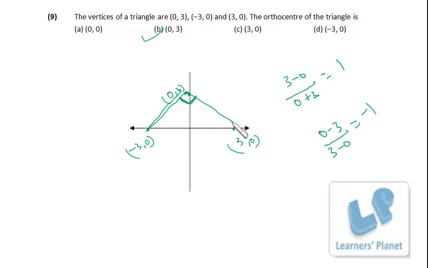So this line is perpendicular to this line. Slope of this line 1, slope of this line minus 1. So the lines are perpendicular to each other. That means this angle is 90-degree. If this is 90-degree, then this particular point will be the concurrence point of altitudes. One altitude is this and the next is this. So the third one will also meet at the same place, right?